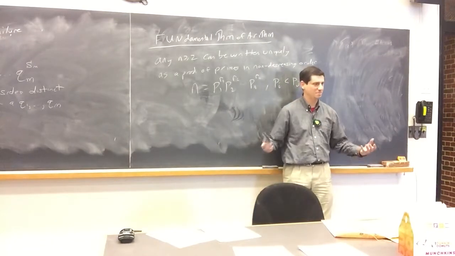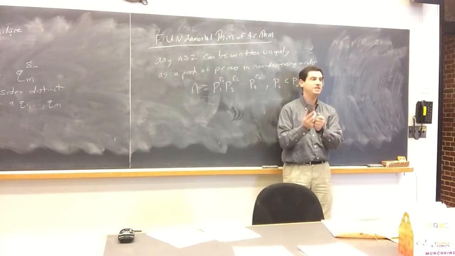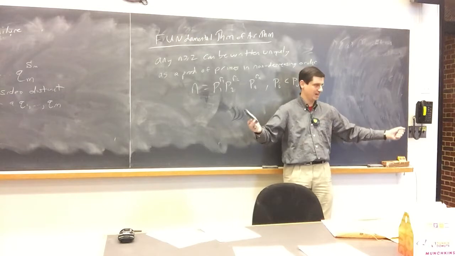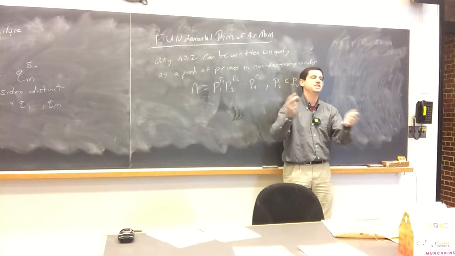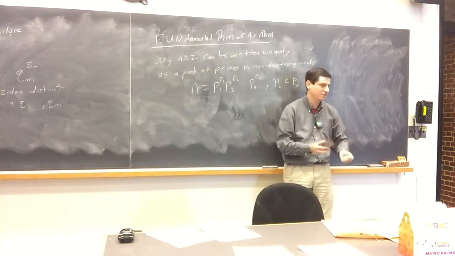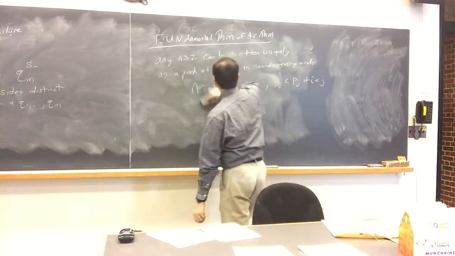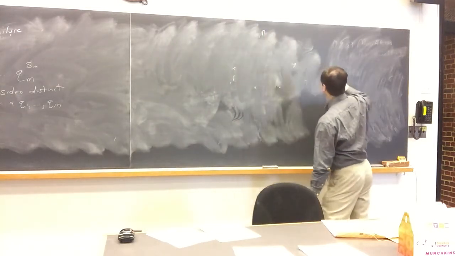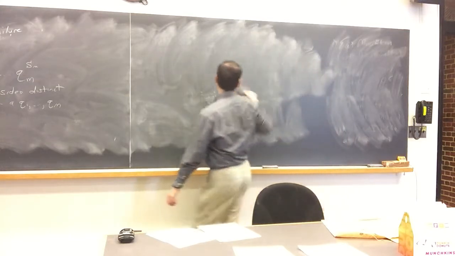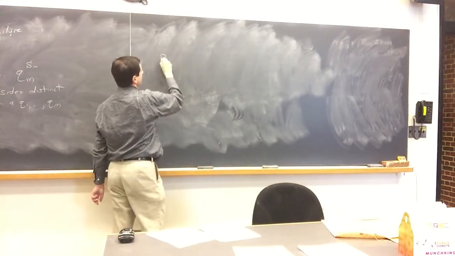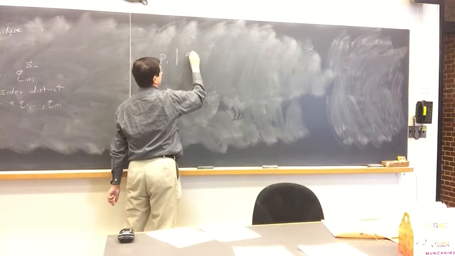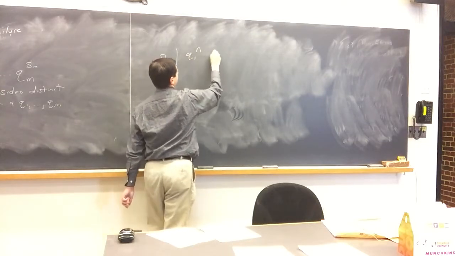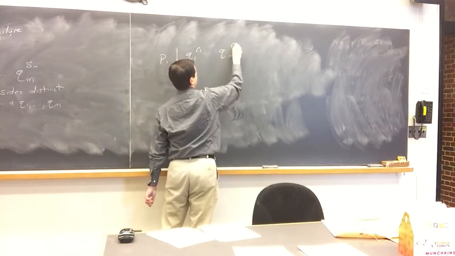crap, we didn't write the statement well. It should be: if P divides a product A1 through AN, then P divides either A1 or A2 or A3. So we just have to finish the proof by grouping. It's not that bad, but you have to just do it. So now we've got P1 divides Q1 to the R1 through Qm to the Rm.